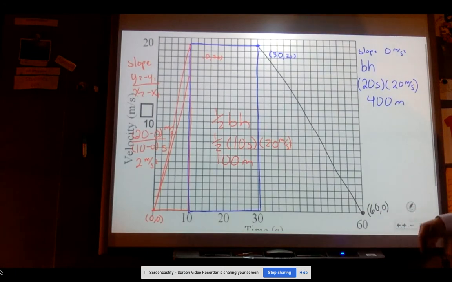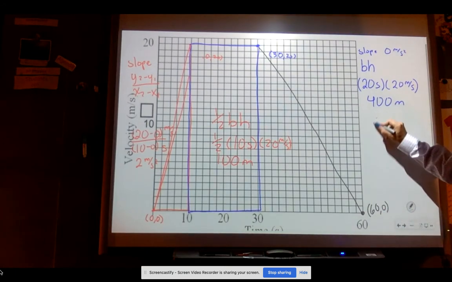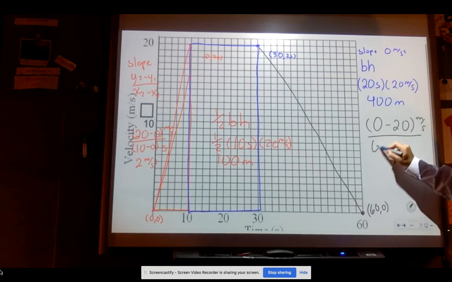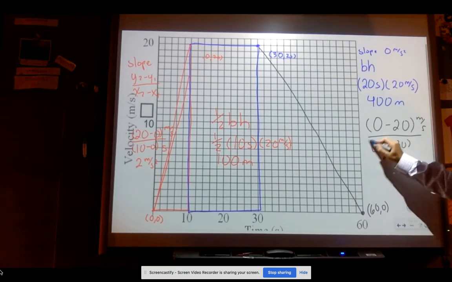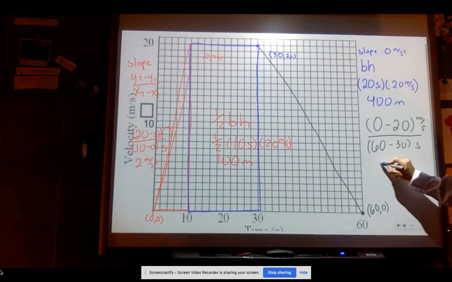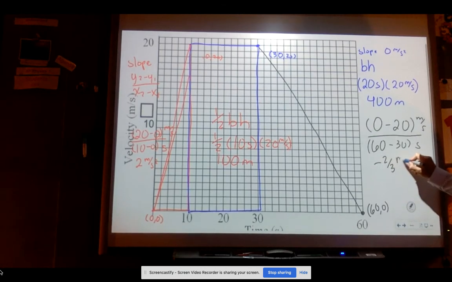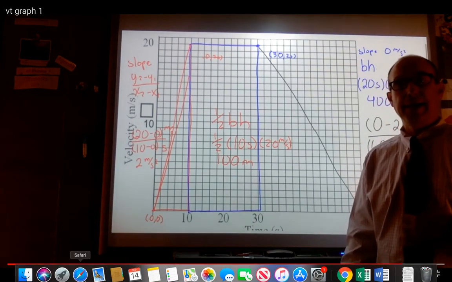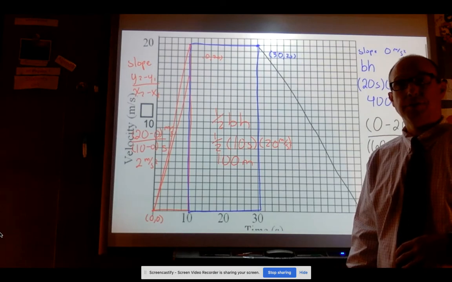And so to find my slope, I would take y2, which is 0 meters per second, minus y1, which is 20 meters per second, over 60 minus 30 seconds. And so my acceleration is negative 2/3 meters per second squared. Every second, my velocity decreases by 2/3 meters per second.